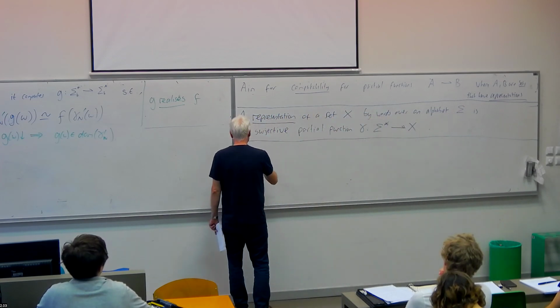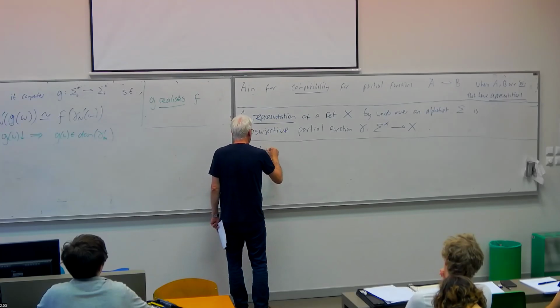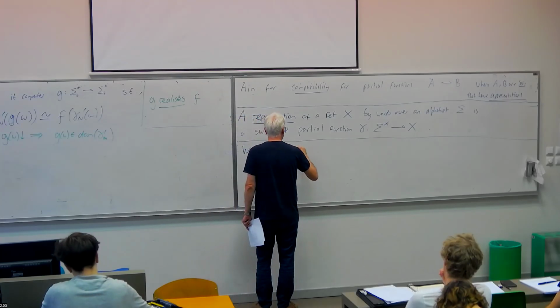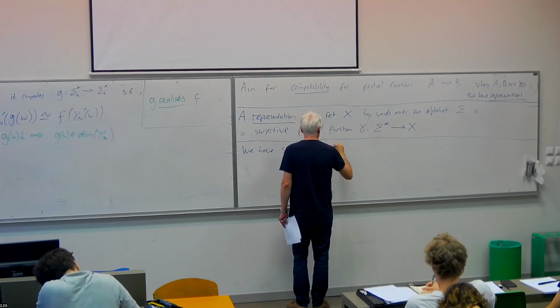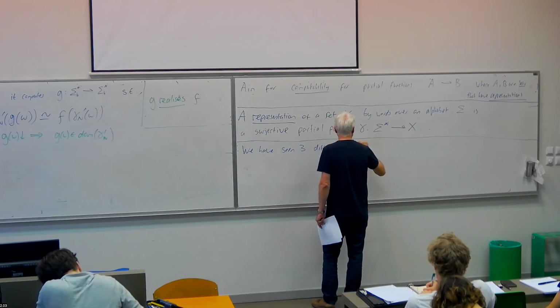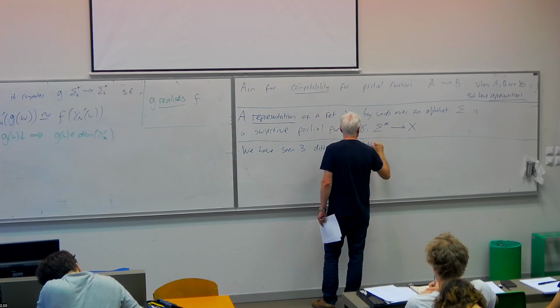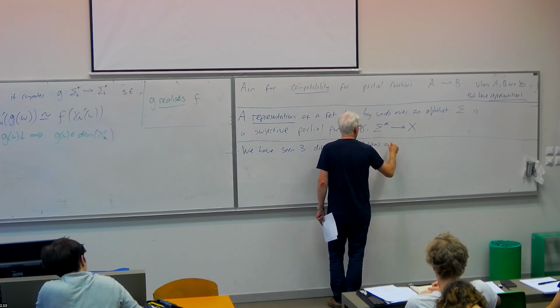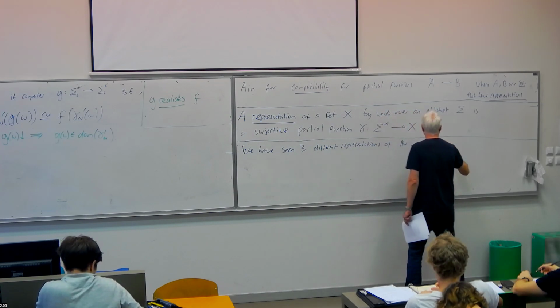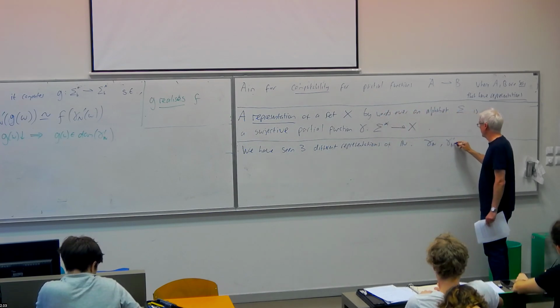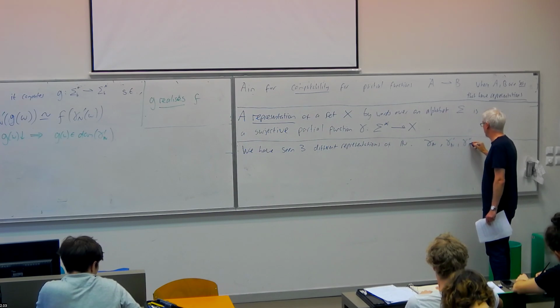So we have already seen three different representations of natural numbers, namely gamma sub n, gamma prime sub n, and gamma double prime sub n.